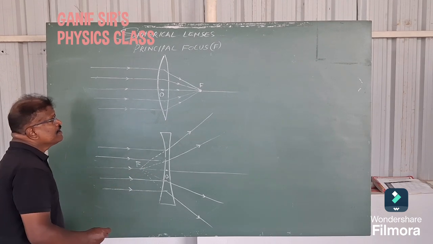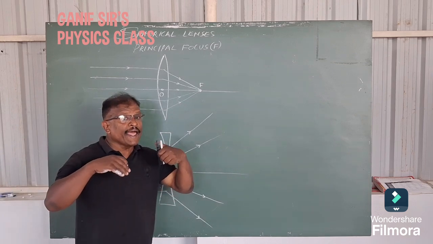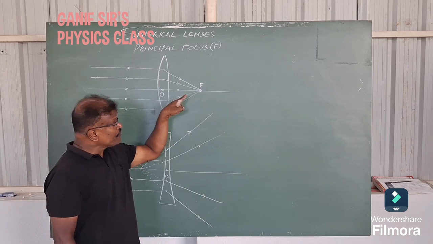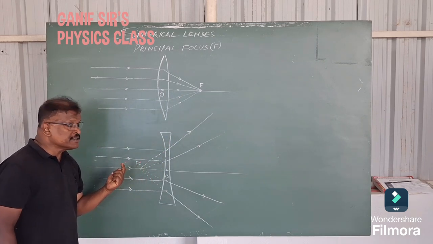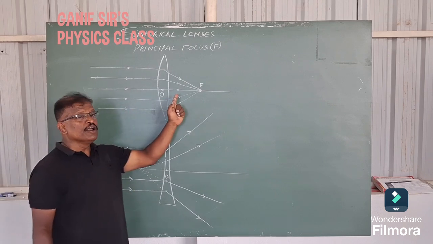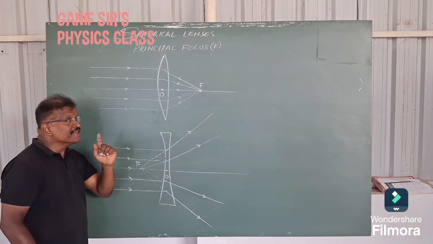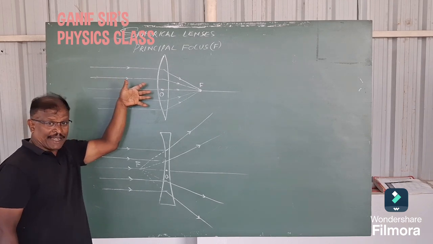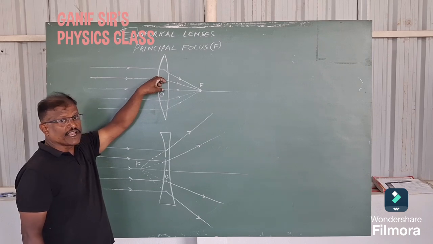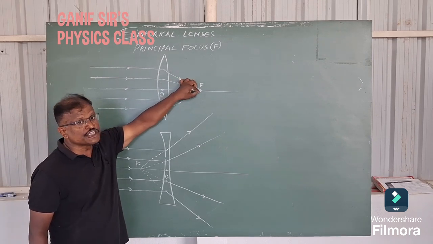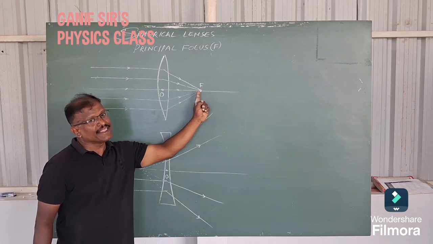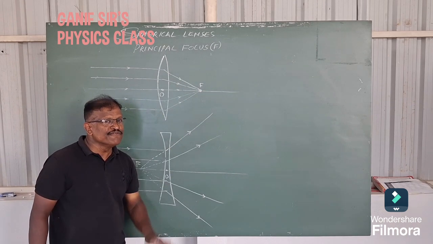So then how can I define the principal focus in the case of a convex lens and in the case of a concave lens? In the case of a convex lens, I define it like this: when a ray parallel to the principal axis is incident on the lens, after refraction it converges to a single point on the principal axis, and that point is known as the principal focus, which is real.